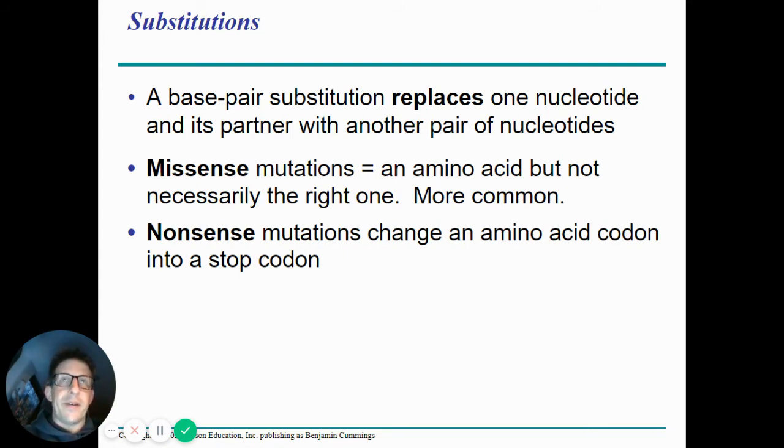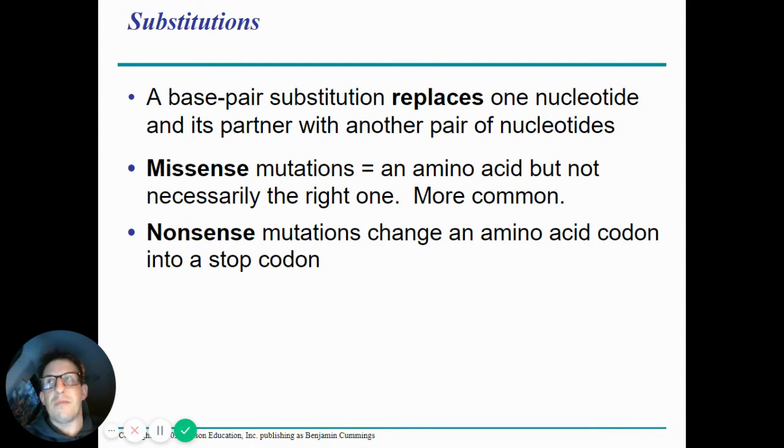So that's one way in which these base pair substitutions can really muck things up. It creates an amino acid, but it's not the right one, and that's really what we see happen in sickle cell anemia. We also have these ones called nonsense mutations, and nonsense mutations change an amino acid codon into a stop codon. And we talked about what stop codons do, right? Stop codons stop the protein in its tracks.